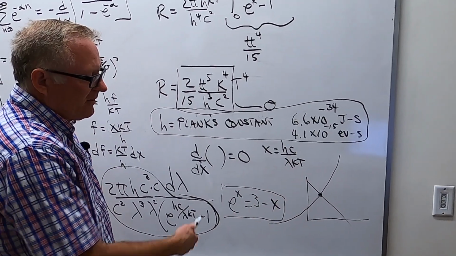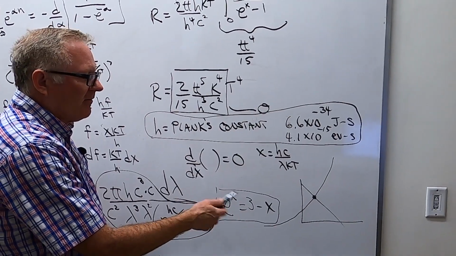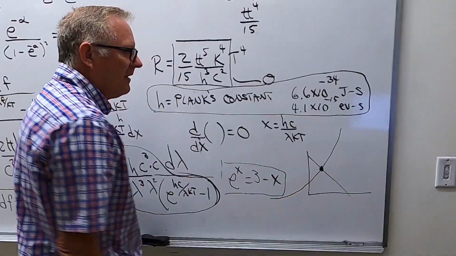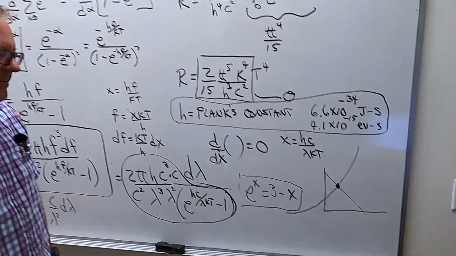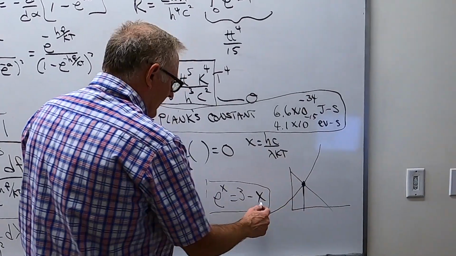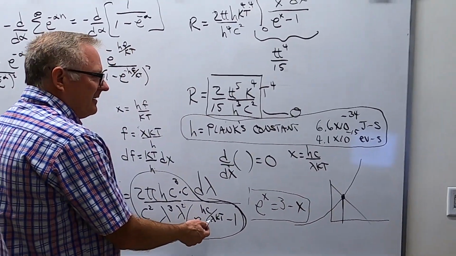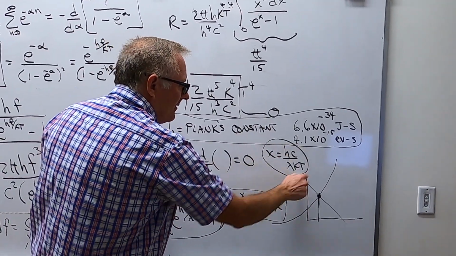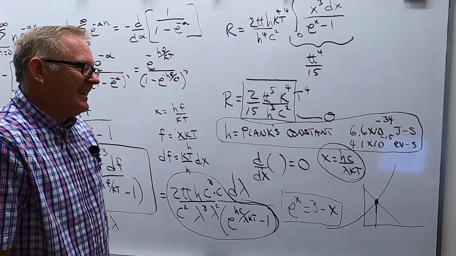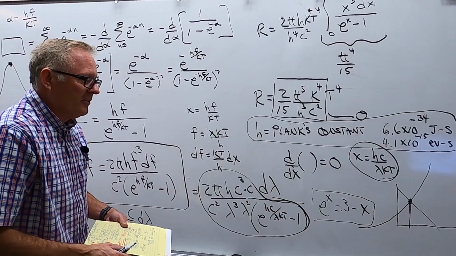This is the way you usually solve these: you graph one side, graph the other, and see where they intersect and grab it as best you can. So that would be your x. And once you get x, then hopefully you're home free, and you can show that lambda T is a constant and what that value is.